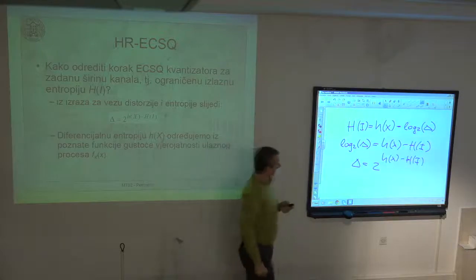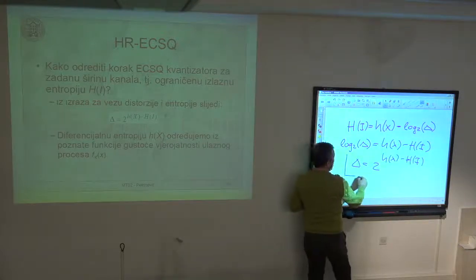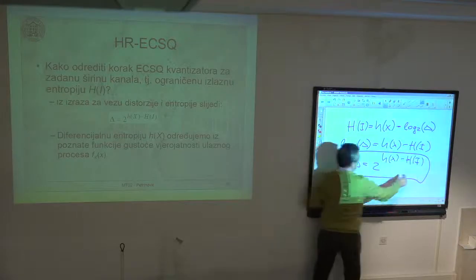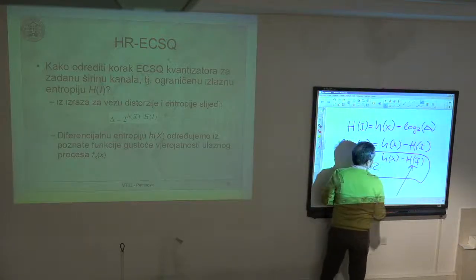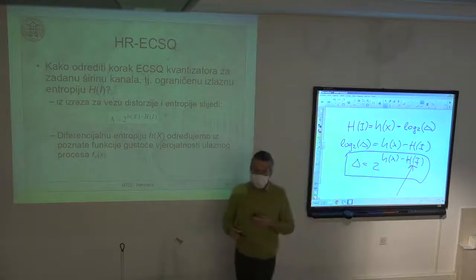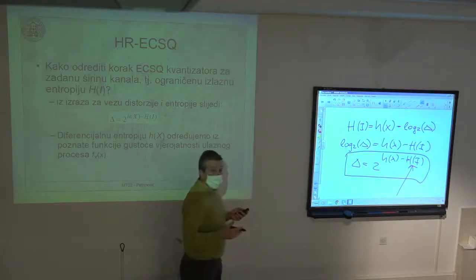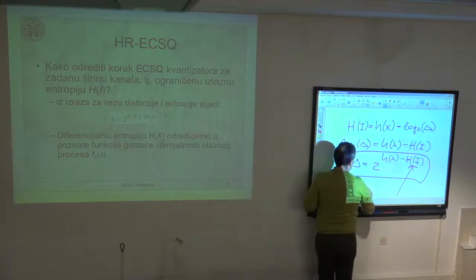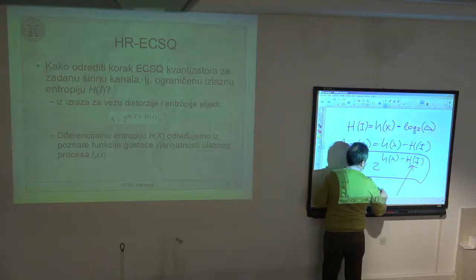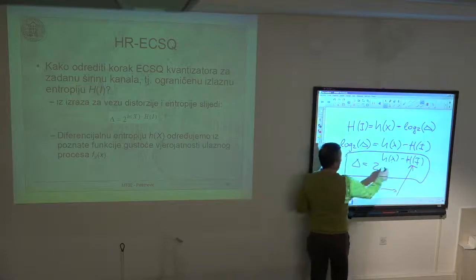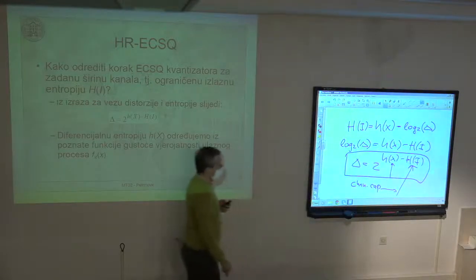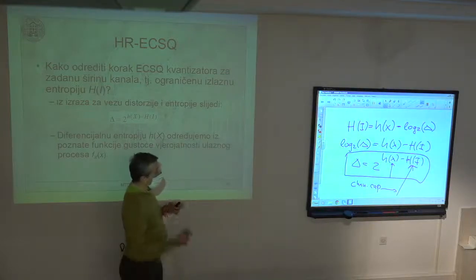Okay, so now we have derived what the step size shall be given the output entropy of the indices. So this H(I) is actually the channel capacity. I have a certain channel capacity, and I have a process X. f_X(x) is the density of the process, and this f_X(x) defines the differential entropy.